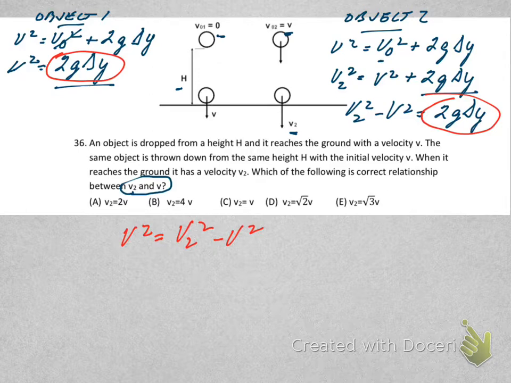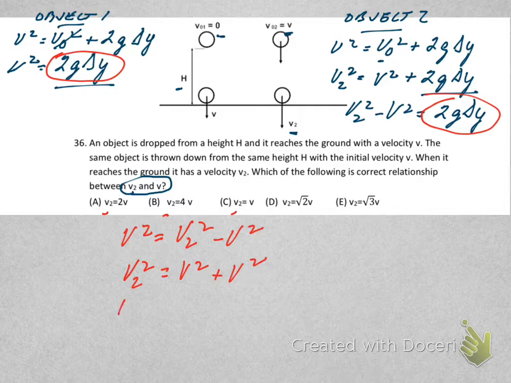And remember, we want to solve for this v. You can see the answers are all in v2, so we have to get v2 by itself. So let's go: v2 squared equals v squared plus v squared.